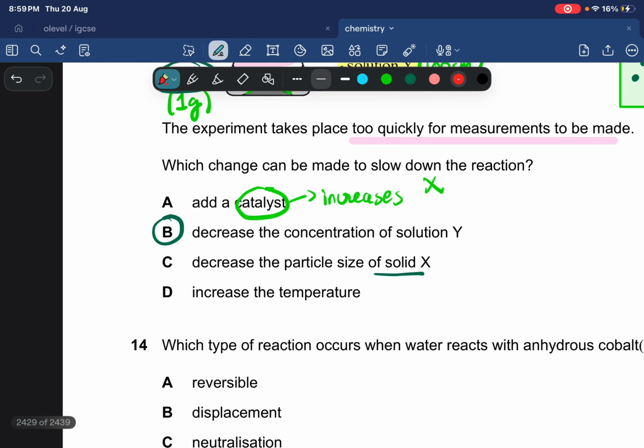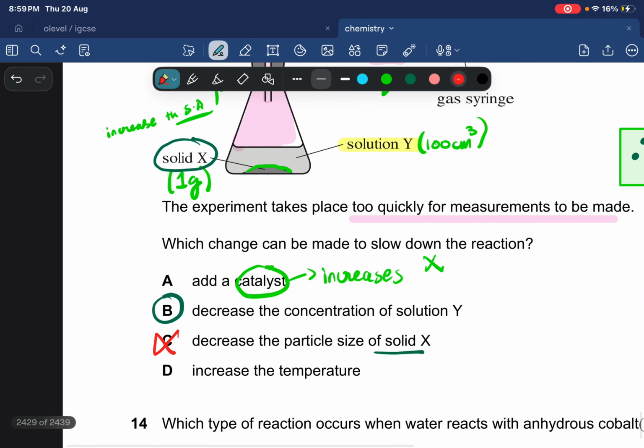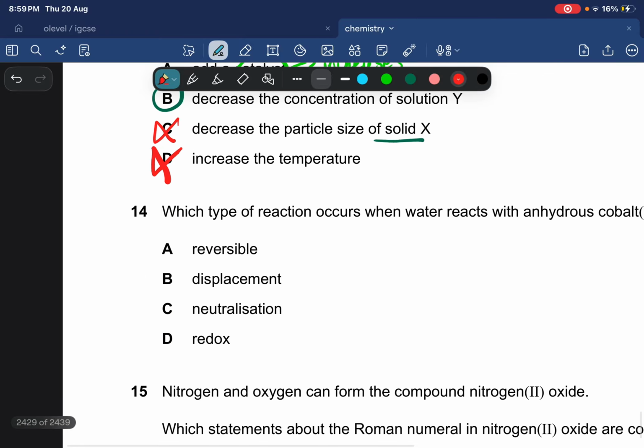So that's going to increase the rate. Increase the temperature? Again, if you increase temperature, you increase the kinetic energy of the particles, and you increase the rate of the reaction.